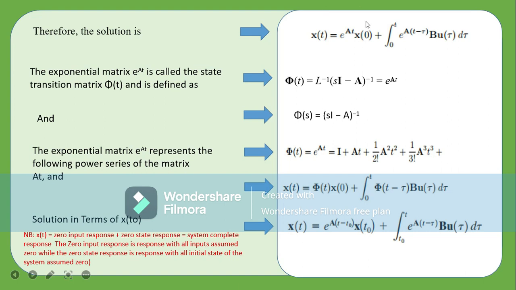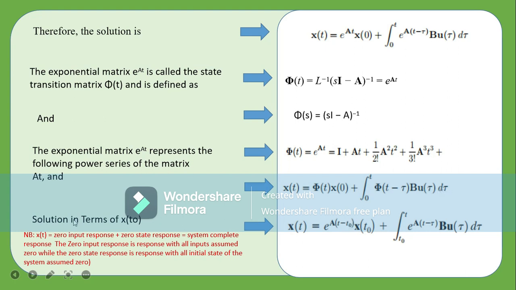Instead of putting all of this, we just put phi of t, x of naught, because phi of t is equal to this entire component, which is equal to this. So you can see phi of t and x of naught, yes, the initial condition, plus that, which is this integral. These places, we told you they are the same. The only difference is the signal has been delayed by what? Tau, b u of tau, d tau.